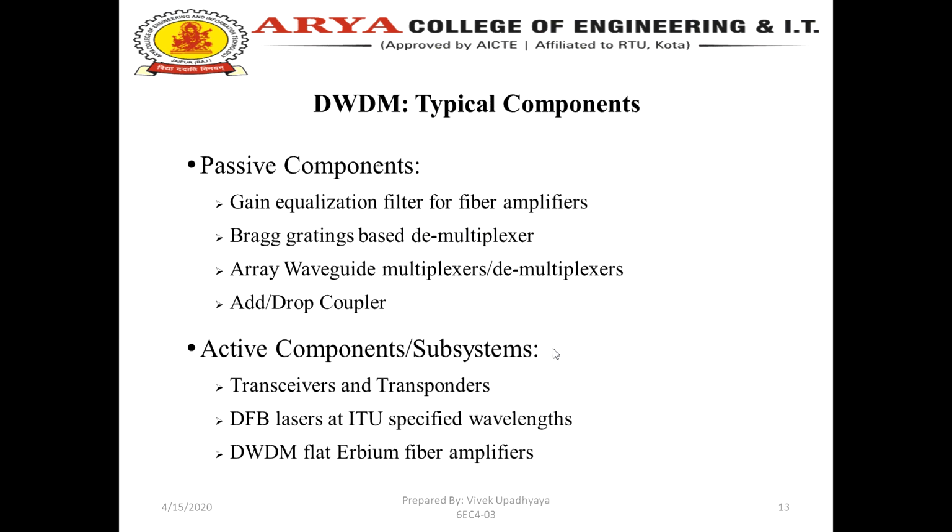Now the DWDM typical components. There are two types of components in DWDM systems. The first is passive components, and the second is active components. The passive components are the gain equalization filter for the fiber amplifiers, the Bragg grating based demultiplexer, the arrayed waveguide multiplexer or demultiplexer, and the add-drop coupler.